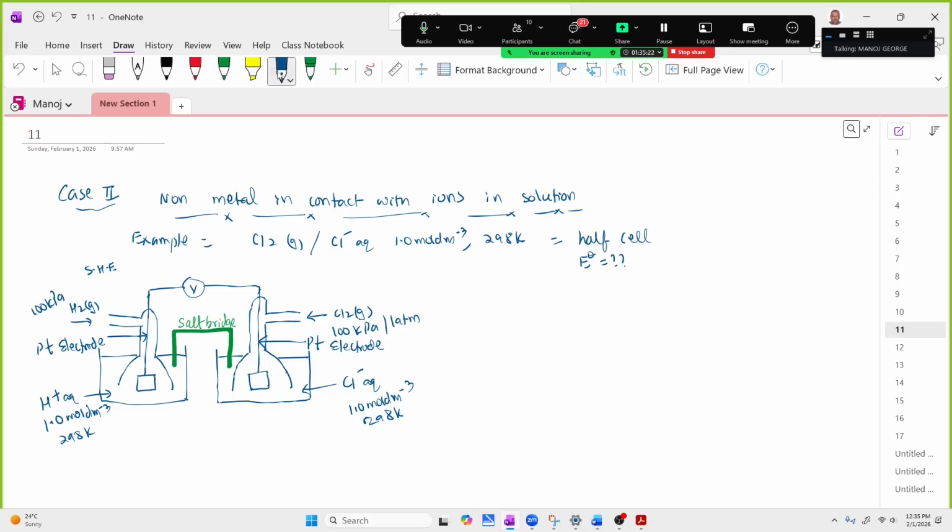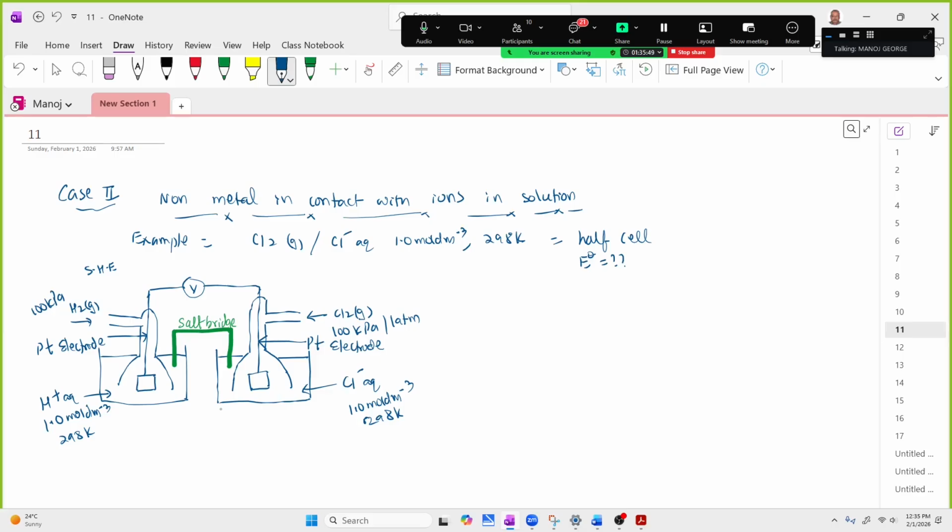Remember, these are the two highly recommended. They don't interfere. The salt bridge is used to maintain electrical neutrality. It completes the circuit by joining both the electrolytes. That's the function. It is made of some semi-permeable material which allows the ions to move. That's the most important thing. It must allow the ions to move. And that's my voltmeter there.